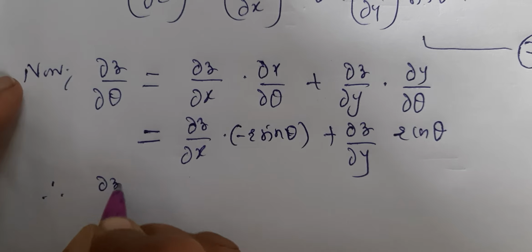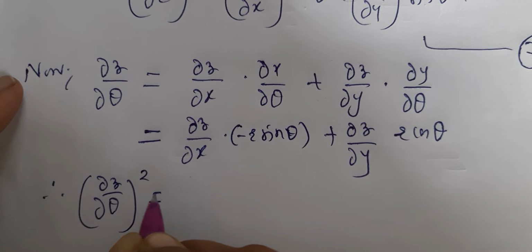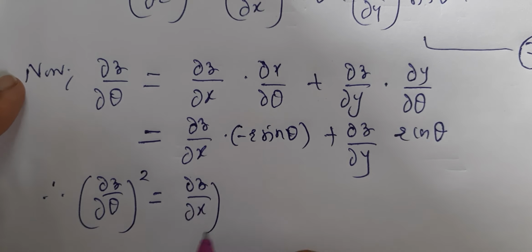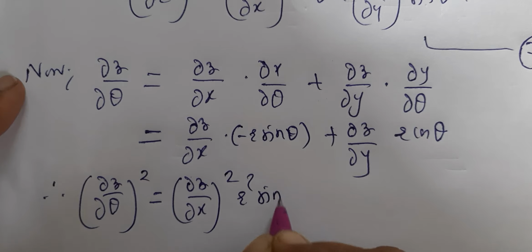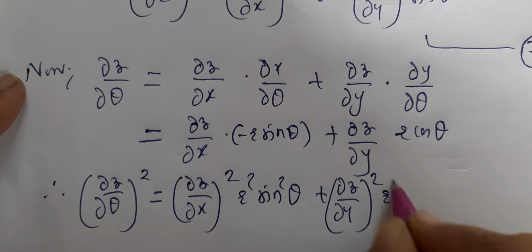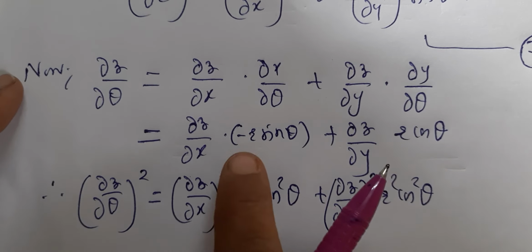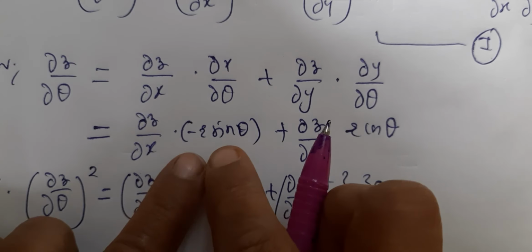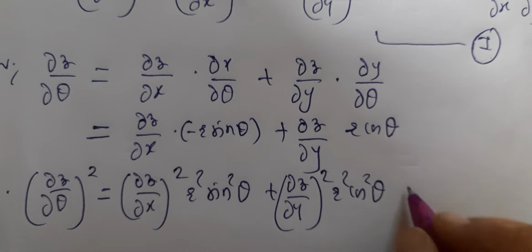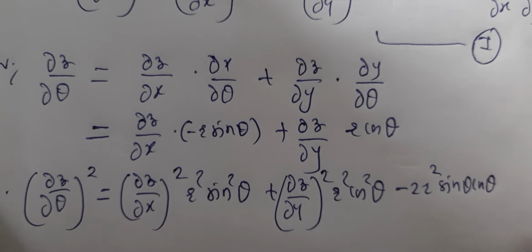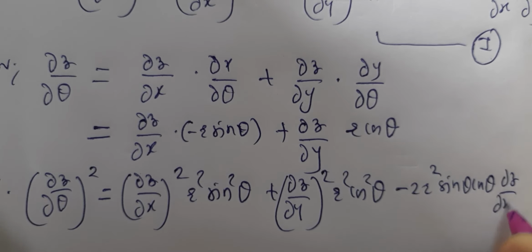So let's have (∂z/∂theta) whole square, again (a plus b) whole square. So what we will get, (∂z/∂x) whole square r square sin square theta plus (∂z/∂y) whole square r square cos square theta. You can say it's a minus sign here, so it will be minus 2ab. So it is minus 2 r square sin theta cos theta into ∂z/∂x into ∂z/∂y.